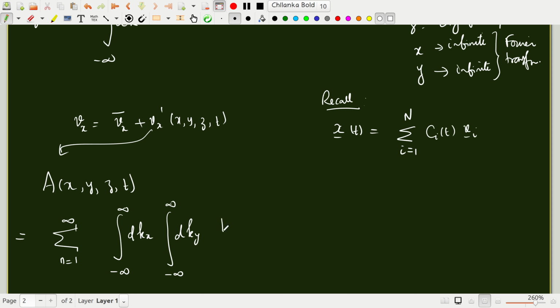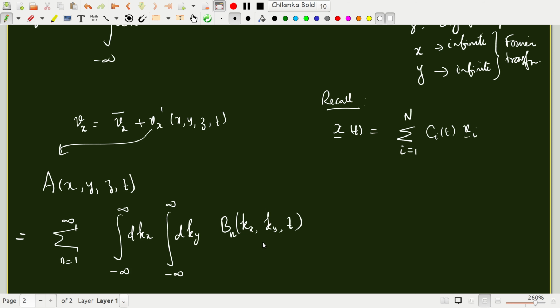Now in the same way I'll have coefficients. Let's call these coefficients b of k, t, n. Now the reason why it's a function of k is that k is a real valued variable, so it will become a smoothly varying continuous function of k, and n is basically the summation index. In principle I should write it as a function of kx, ky, time, okay.